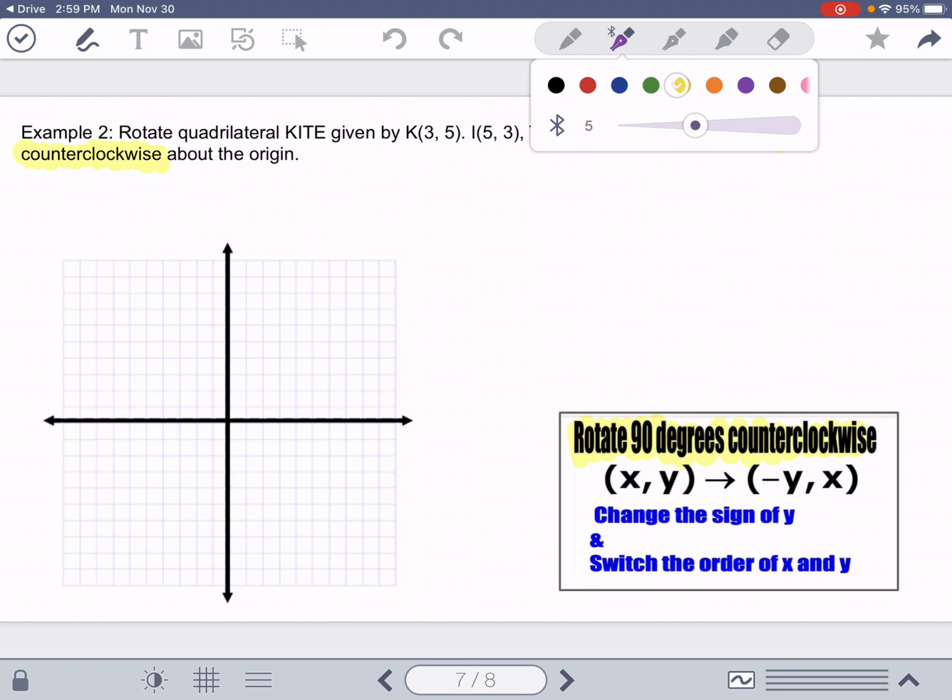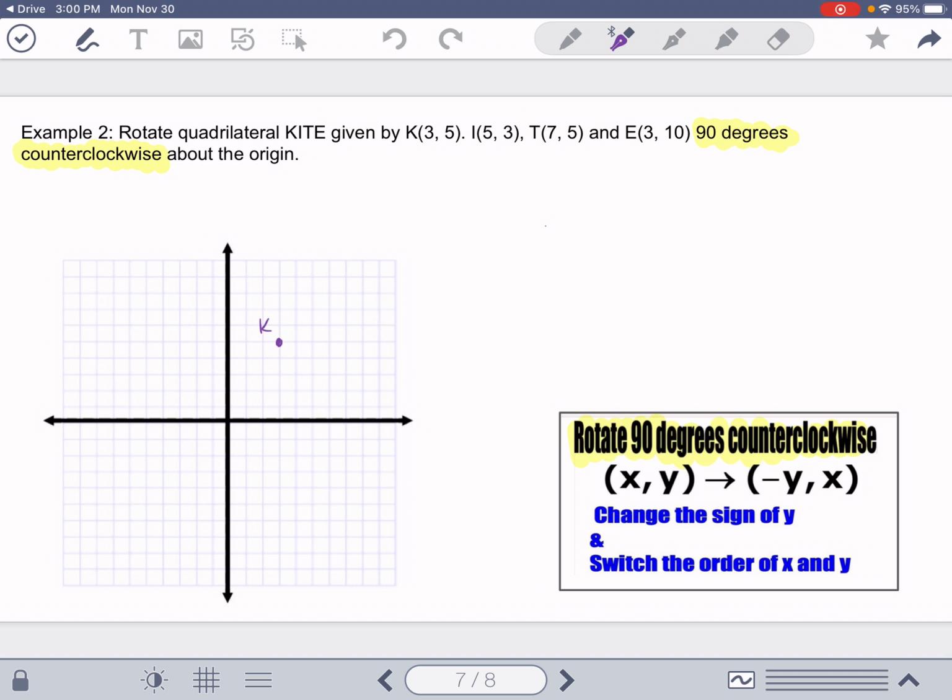So again, let's graph K-I-T-E. So there's K, I, T, and there's E.